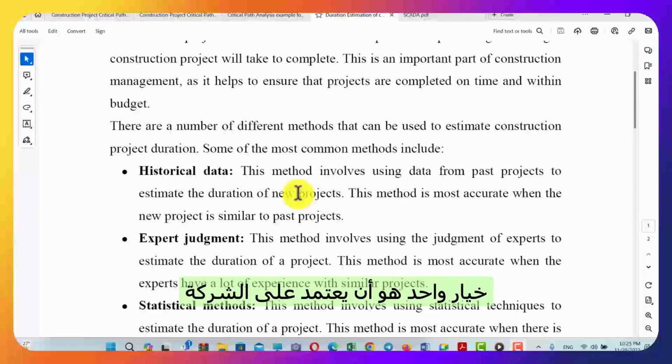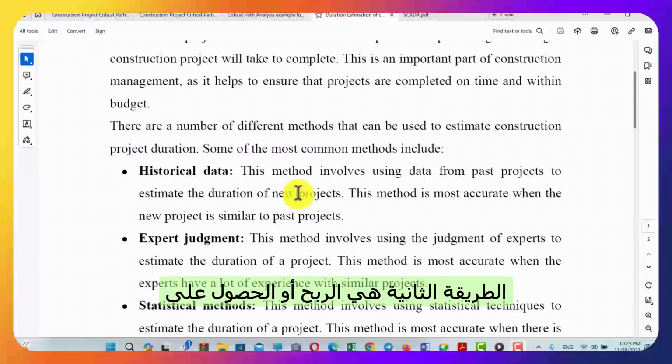One choice is that based on the company or organization history, from the templates that we have, from the lessons learned, from the OPAs or the organizational process assets that we have, we refer to all of these assets, all of these documents, and get information from previous projects that are similar to the project we are executing, or at least willing to execute.